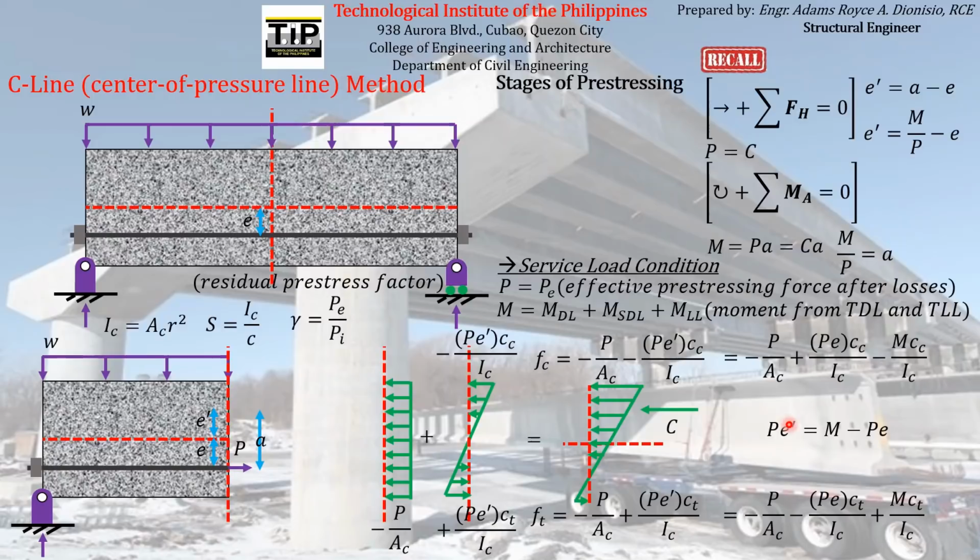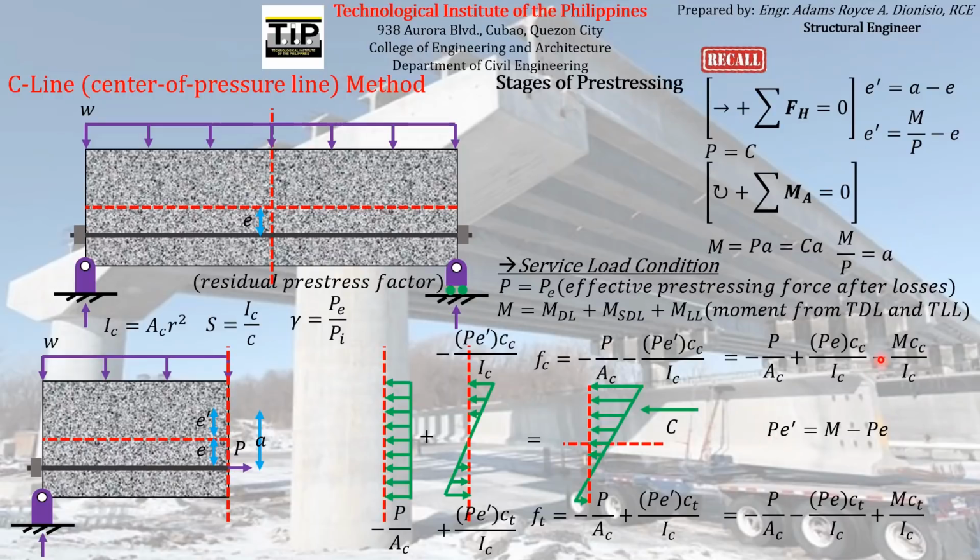So in other words, this formula is actually the same as this formula, just seen from a different perspective. Technically, they are equal. We have just seen the difference between the bending moment and the bending moment coming from the eccentricity of the pre-stressing force as equal to this expression, P e prime.